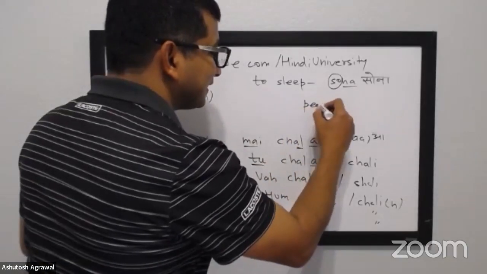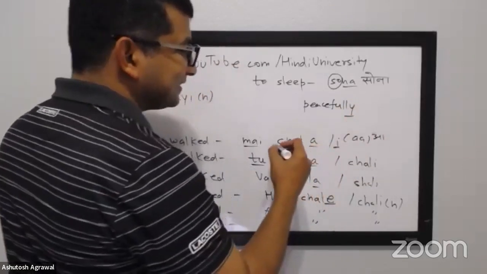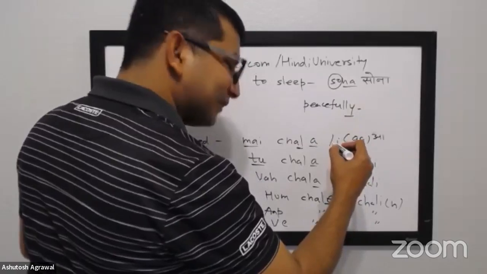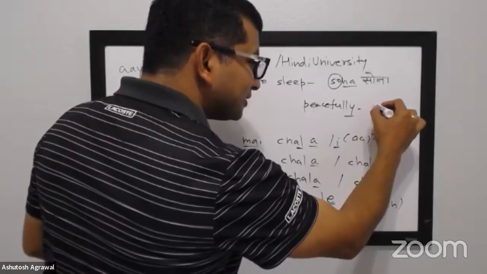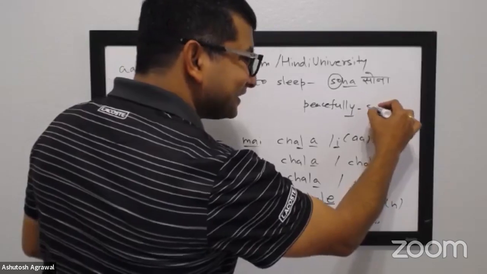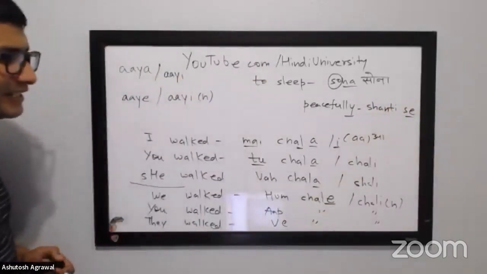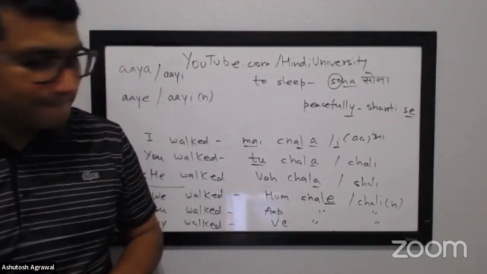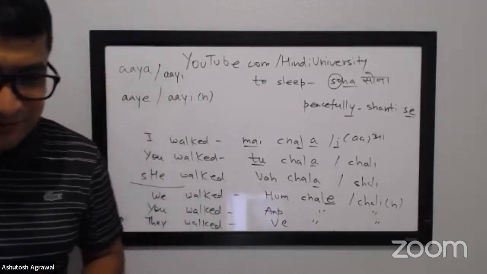Peaceful, ending with L. Peacefully. मैं बहुत सोई. Very good, right? So you can say when boss say I slept a lot. Peacefully, who would say that? Shanti se. Right? शांति से. How would you say now? मैं शांति से सोई. Okay, beautiful.